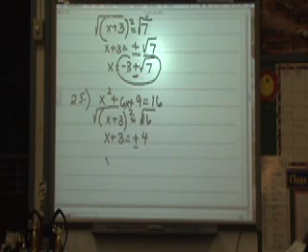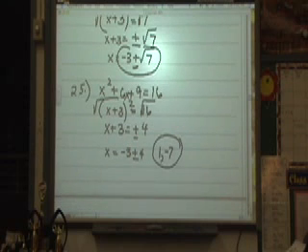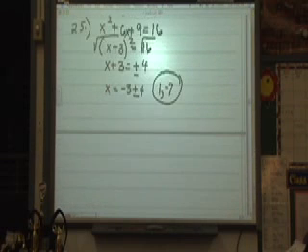Subtract 3 from both sides, so you have x equals negative 3 plus 4, and x equals negative 3 minus 4. Negative 3 plus 4 is 1. Negative 3 minus 4 is negative 7. Both of those numbers, if you put them in, will make a 4 or a negative 4, which is what we want.